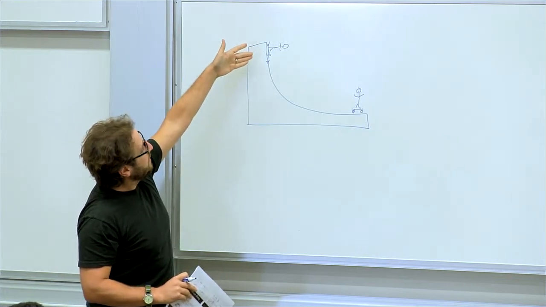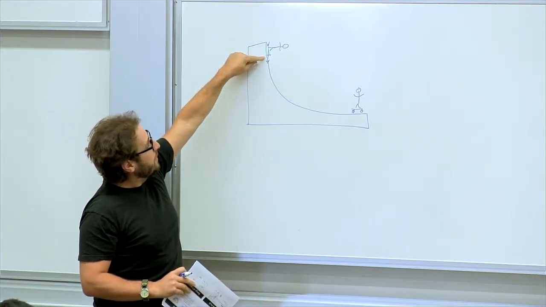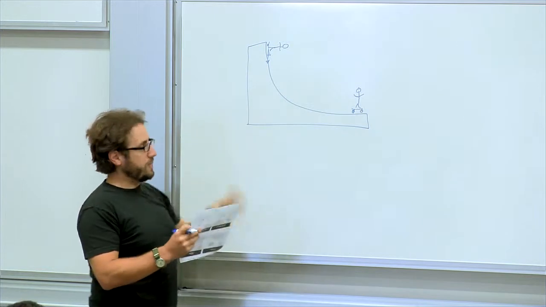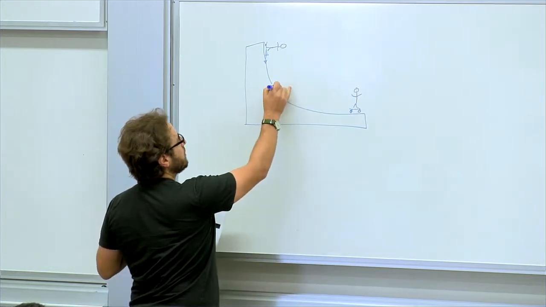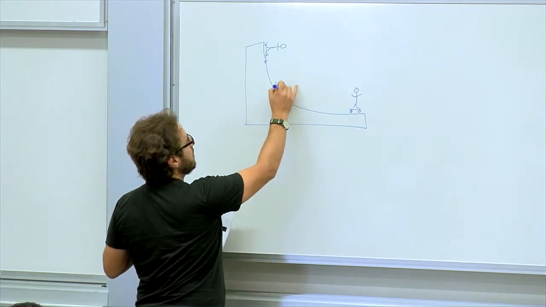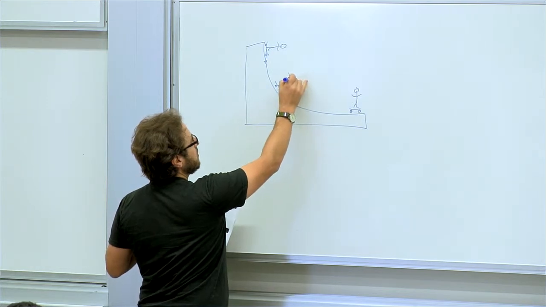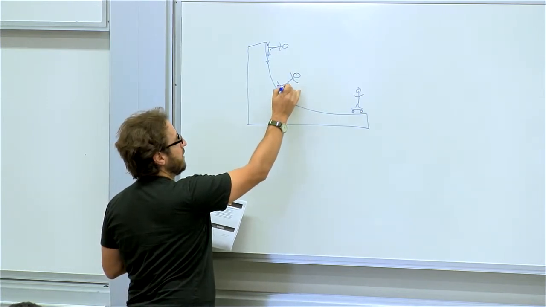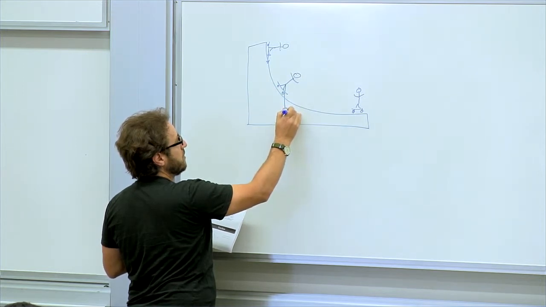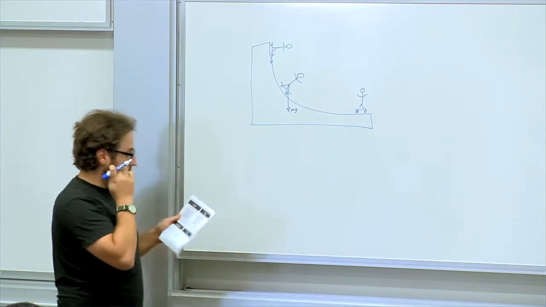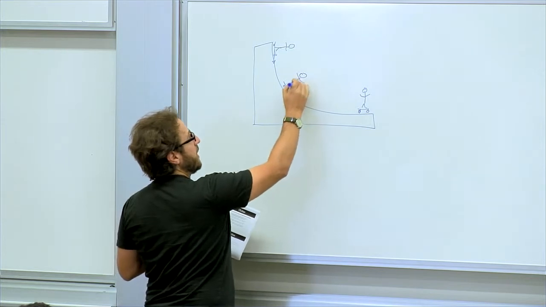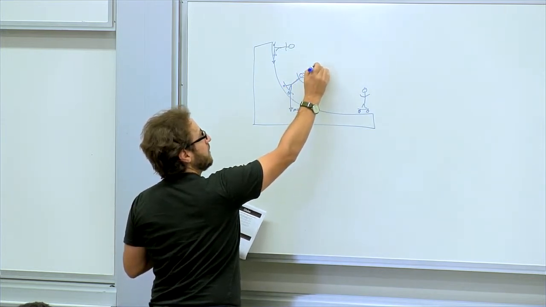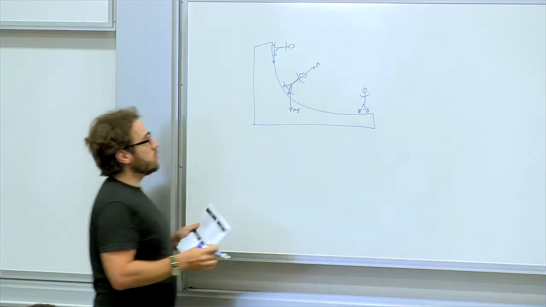Then he falls onto this first part of the curve, and it starts to push back. So what about over here? He's got gravity, of course, pulling him down, and he's got a normal force, which is pushing out this way, right through his head.